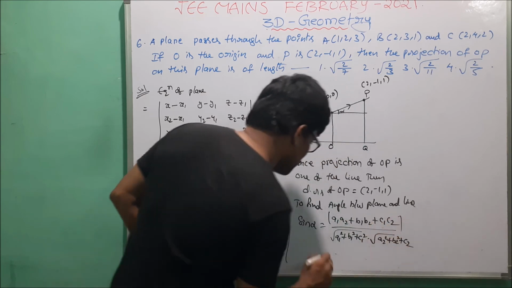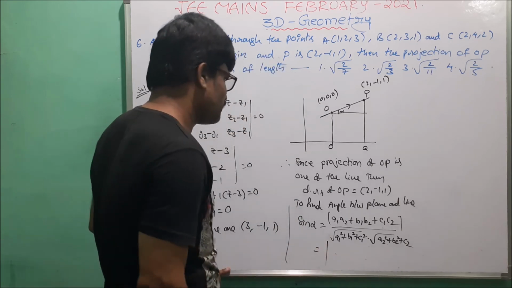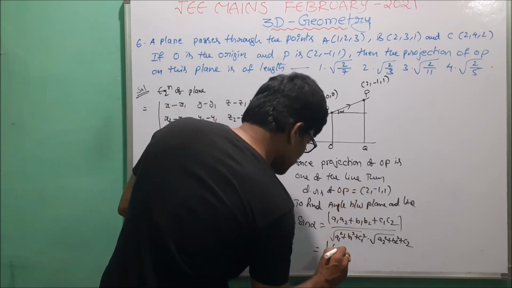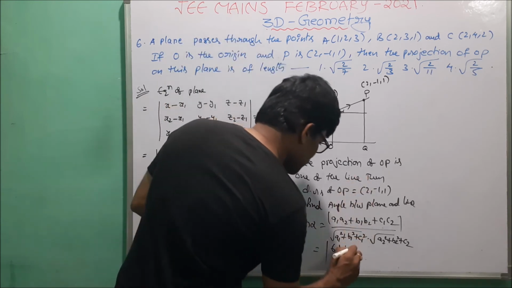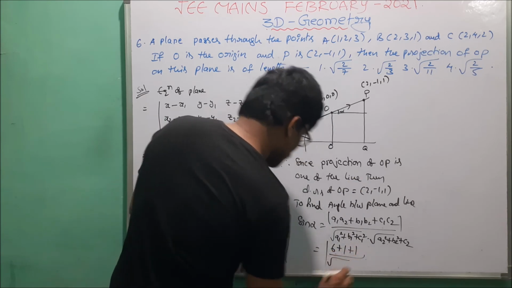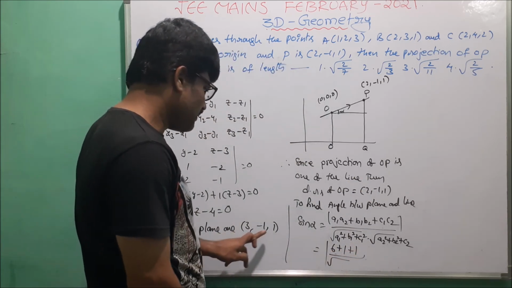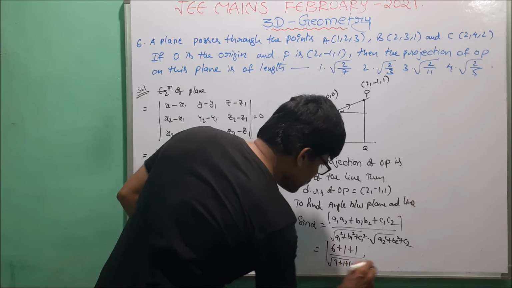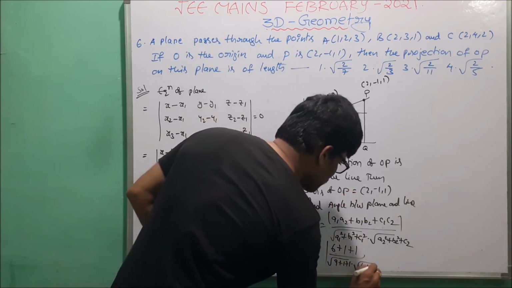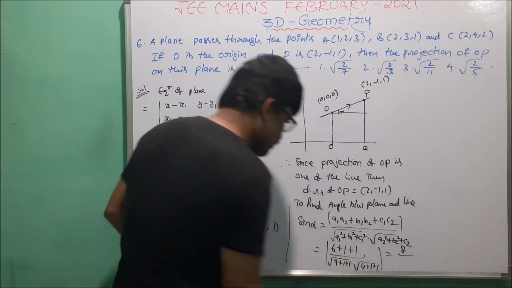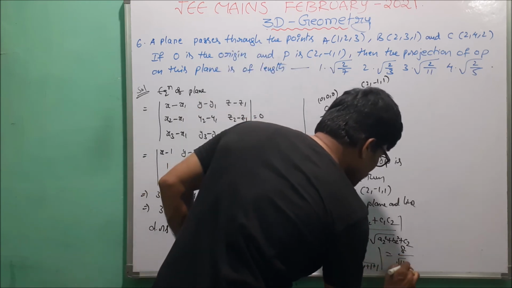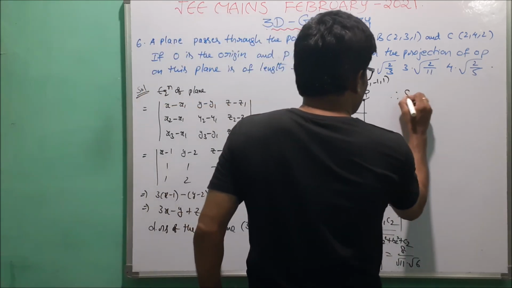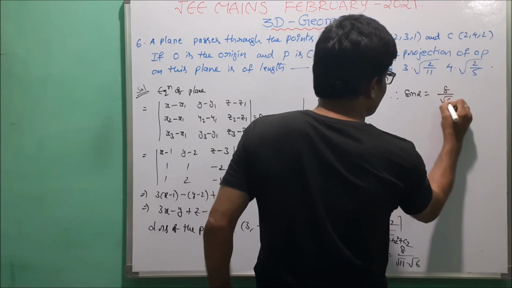So 3 into 2 is 6, minus 1 into minus 1 plus 1, 1 into 1 plus 1, by square root of 3 square, 9 plus 1 plus 1, root 11. Also we write 4 plus 1 plus 1. That means 8 by root 11 into root 6. So therefore, sin alpha equals 8 by root 66.